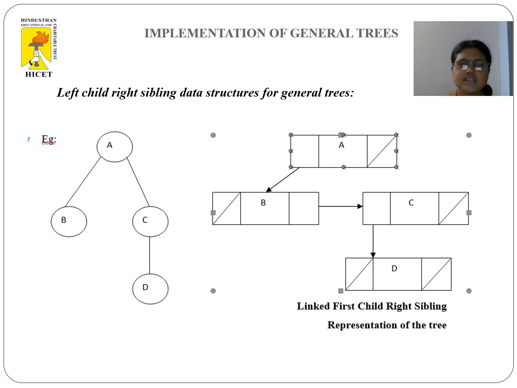On the right hand side, as it has a sibling C, it has been marked with the address of C. C does not have any further siblings, so its right sibling has been marked as null, and it has a child, so the left has been marked with the child node D. As D doesn't have any child or sibling, both the left child and right sibling are marked as null.